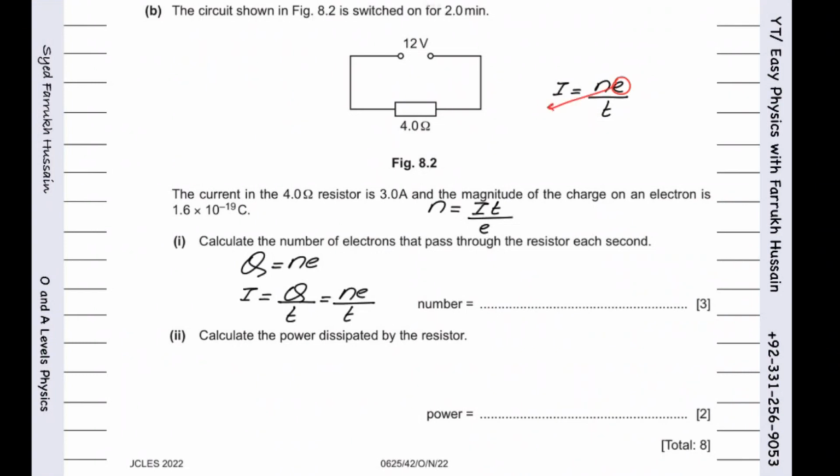So the equation will become N is equal to IT over E. So how much is I? I is 3. How much is T? Do I convert it into seconds? Yes. So 120.